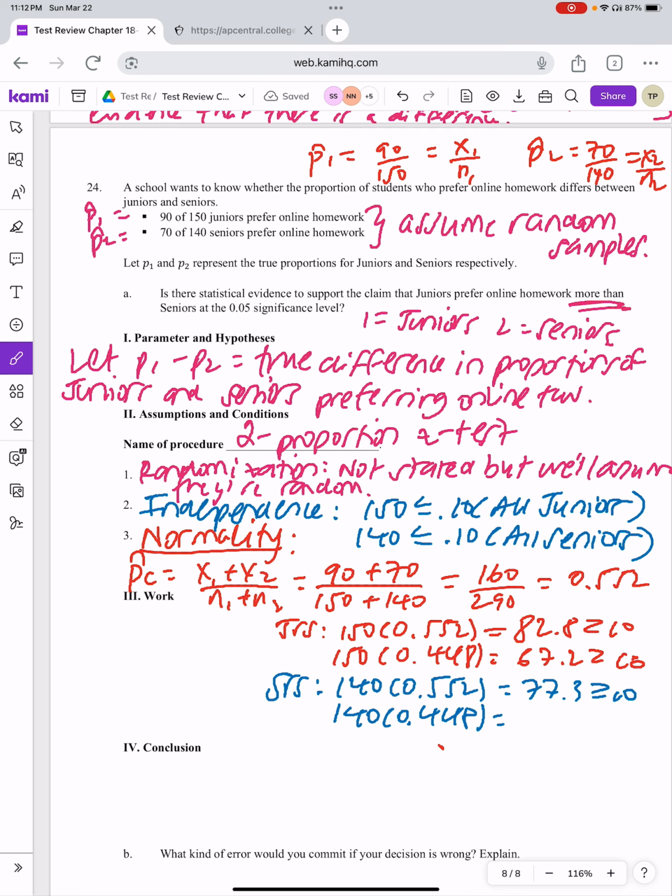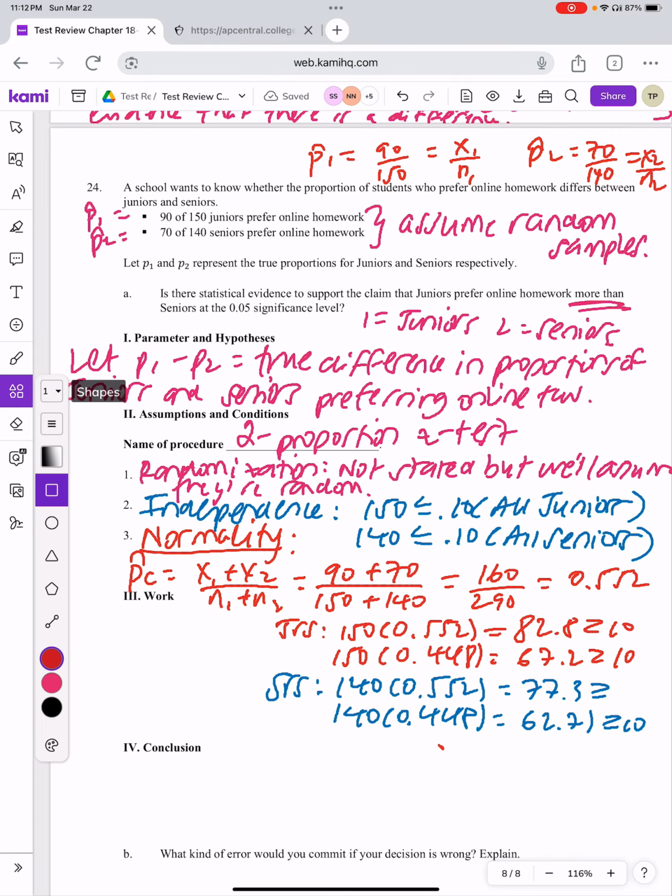That's equal to what, 62.7. That's also bigger than 10.